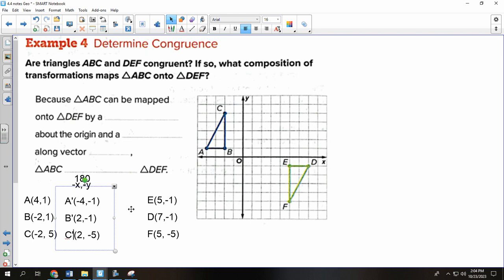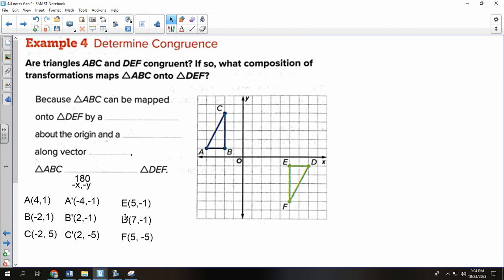Okay, and then we have to see, my y's are all lined up, but my x's are different. So what do I have to do to -4 to get it to be 5? Because we want it to end up at DEF. How do I go from -4 to 5? How do I go from 2 to 7? How do I go from 2 to 5?